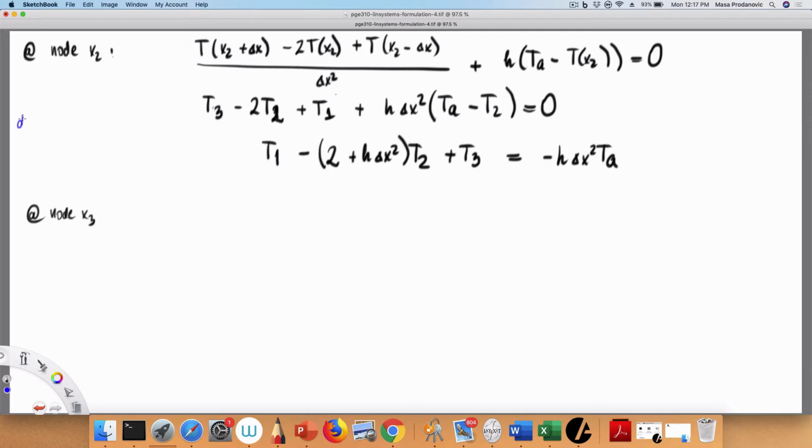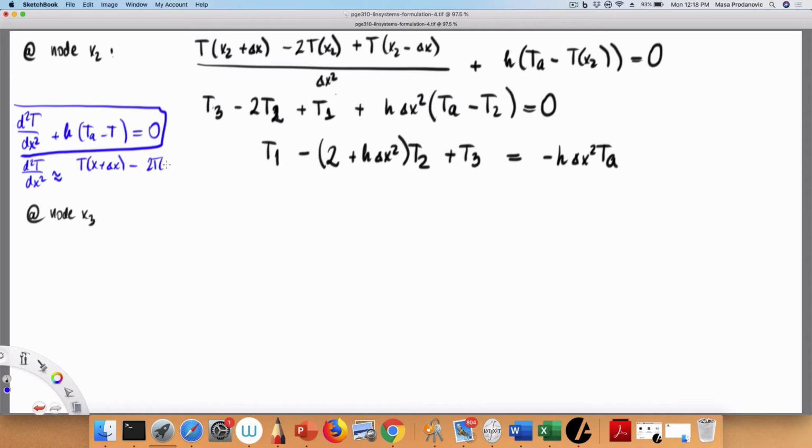The equation is d squared T dx squared plus h times (Ta minus T) has to be true at every point. So this is my differential equation. And the way I'm discretizing this is approximately T of x plus delta x minus 2T of x plus T of x minus delta x, divided by delta x squared. So what do I do at x3?